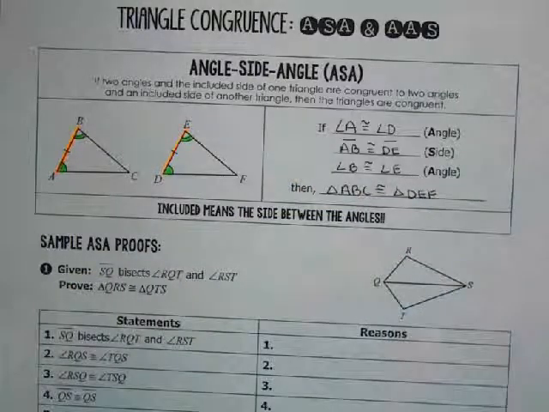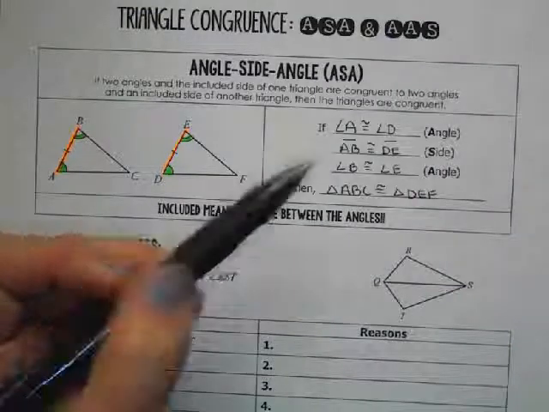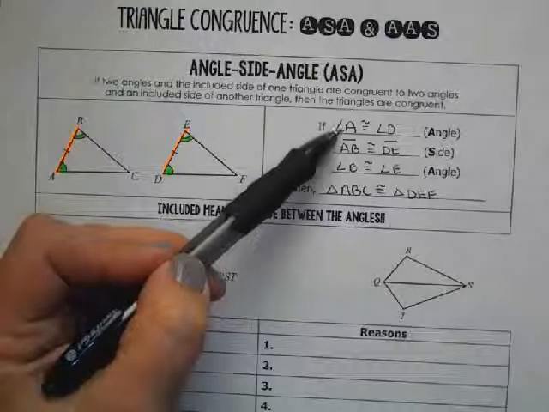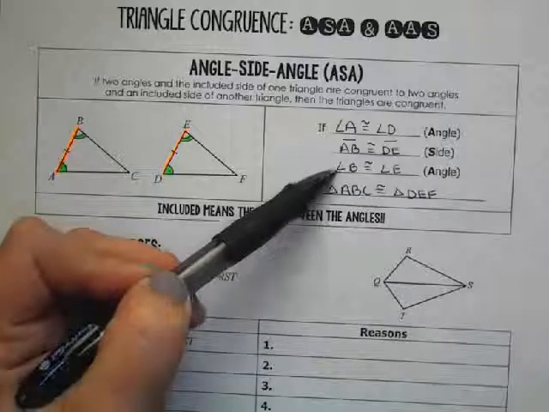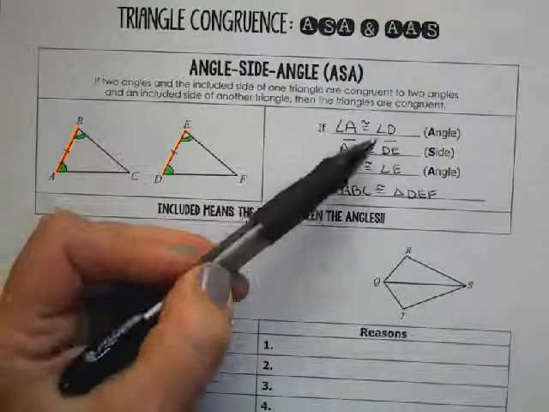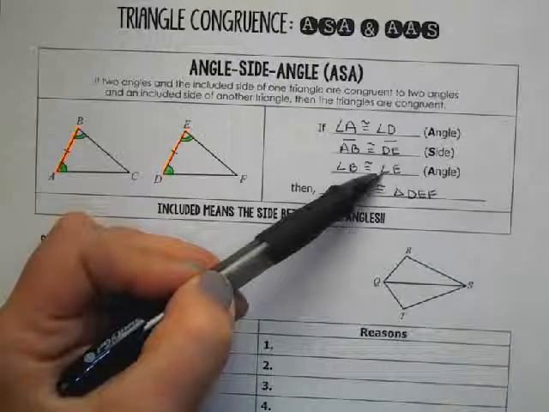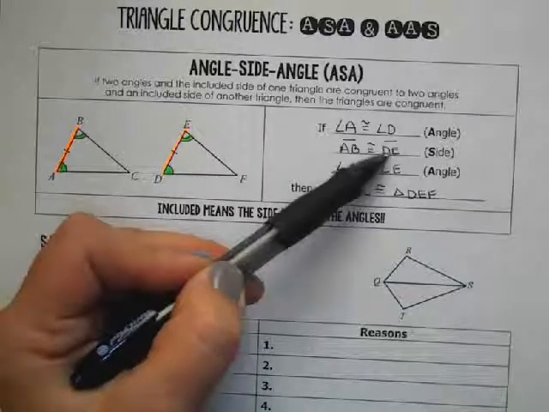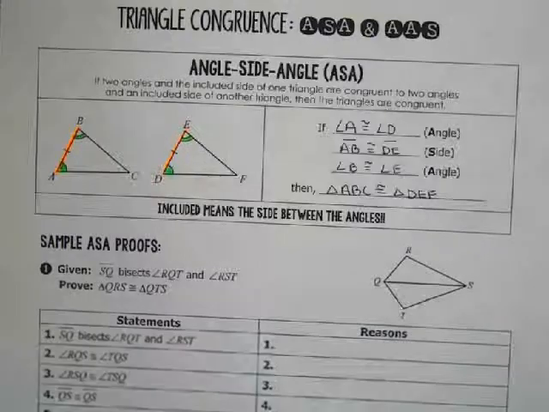So if you're ever wondering if you have the right side, again, if you look at the letters, you have angle A and angle B, so that means you should have side AB. If you have angle D and angle E, then your included side should have those exact letters to name it, side DE. So let's try one of our three angle side angle proofs.